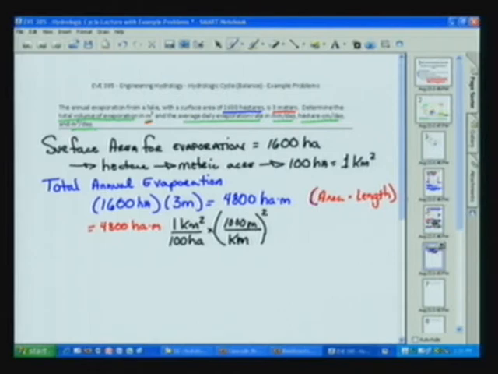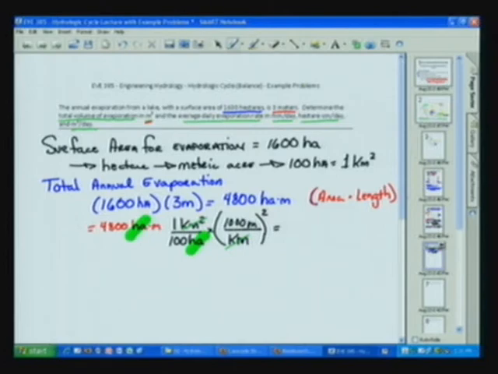Okay. So before we do any calculations, we're going to want to check that we get left with meters. So we have a hectare here we can cancel out, and then we have a kilometer, and it's going to be squared, and a kilometer squared to match off up there, because we'll end up with meters squared, so we end up with cubic meters.